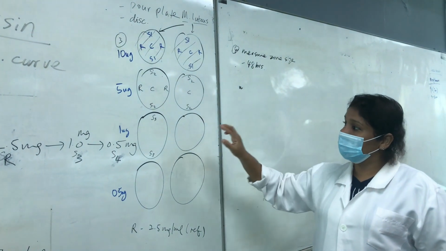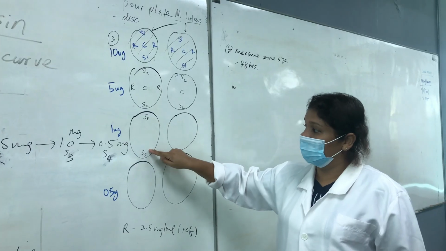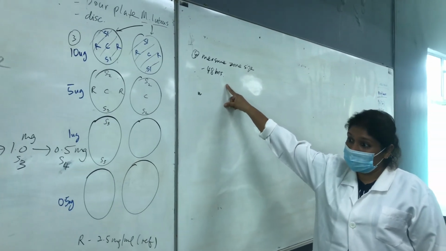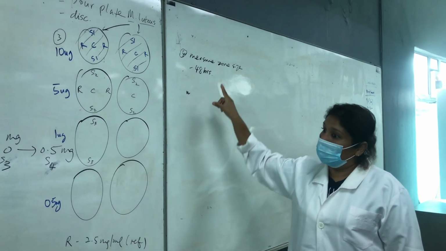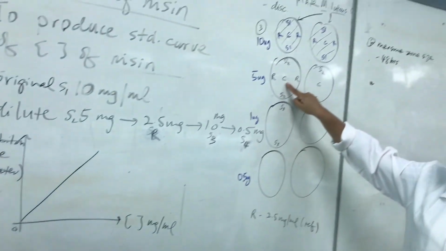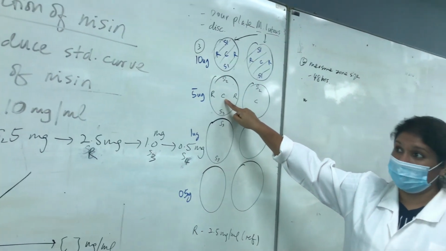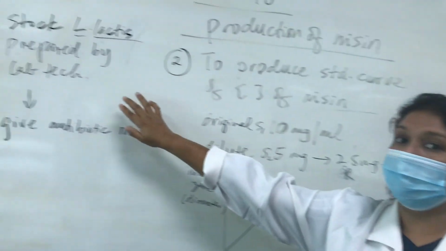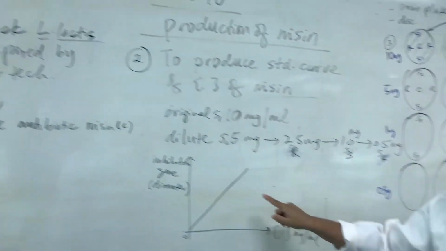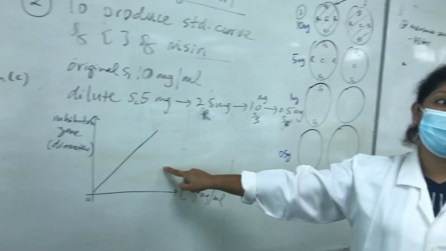Once the inhibition zone is obtained, we measure it after 48 hours and plot a standard curve, and find out the concentration of the culture Nisin, which is this one. We are going to find this concentration on the standard curve. So now let's start.